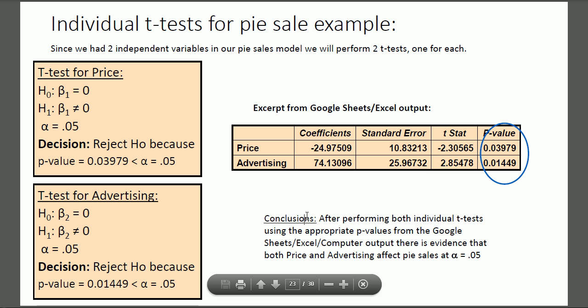So our conclusion in all this is after performing both individual t-tests using the appropriate p-values provided to us by our computer software, there's evidence that both price and advertising affect pie sales. Or you could say both price and advertising have a significant linear relationship with pie sales.